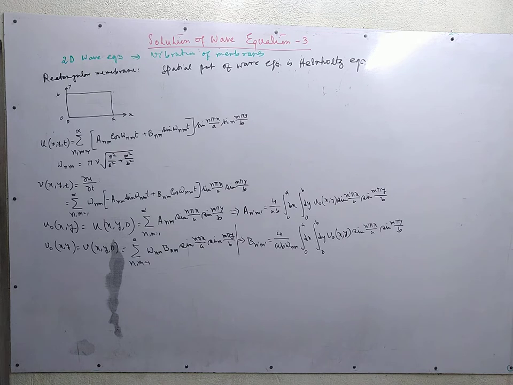Now a particular mode of oscillation, that is n m, is determined by two numbers n and m.